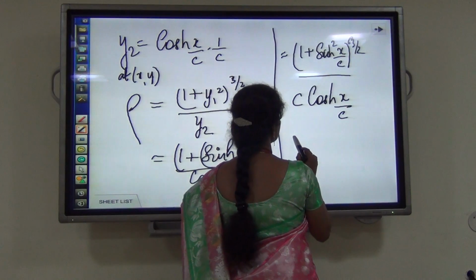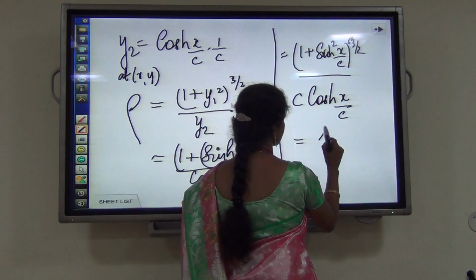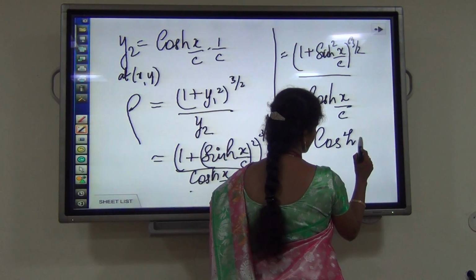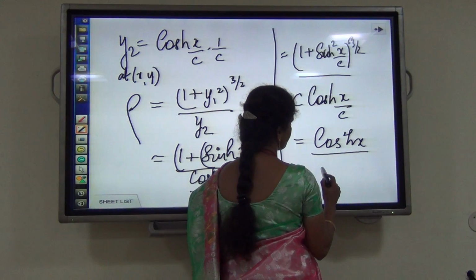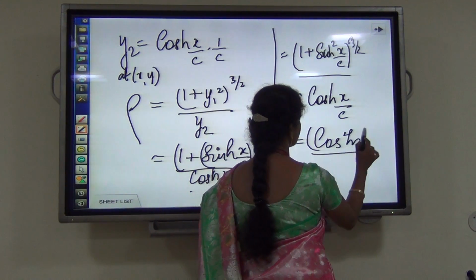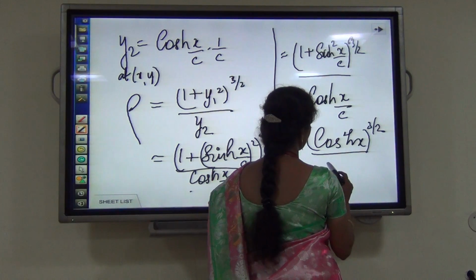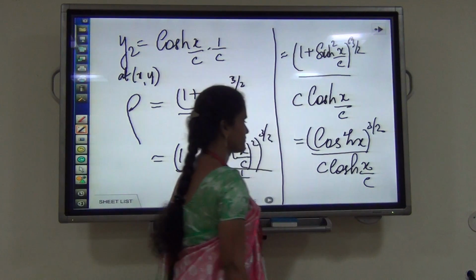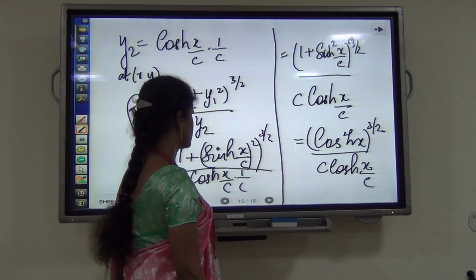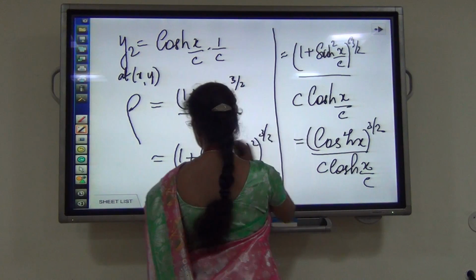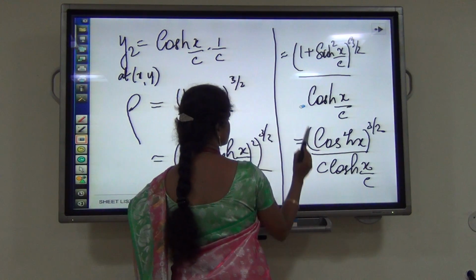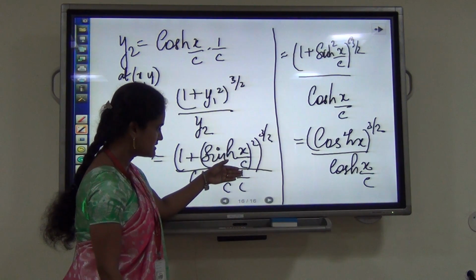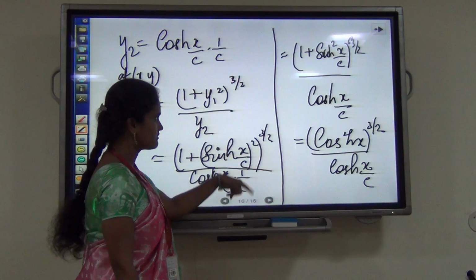Now as we square that, you can write it as cosh square(x/c) to the power 3 by 2 by (1/c) cosh(x/c). The c is in the denominator of the denominator, so it will be in the numerator.